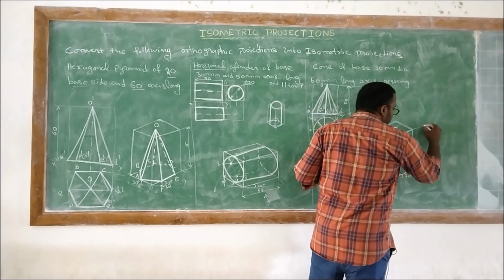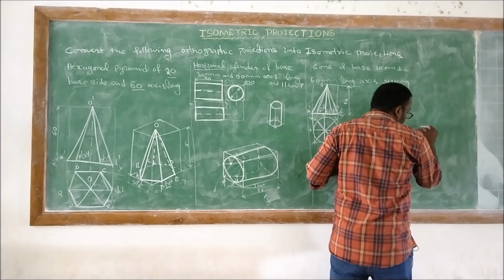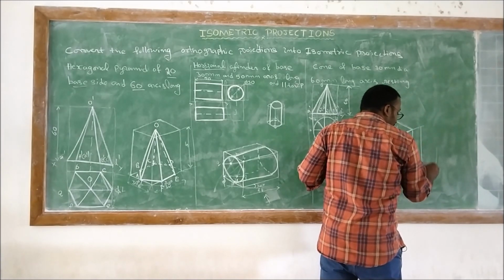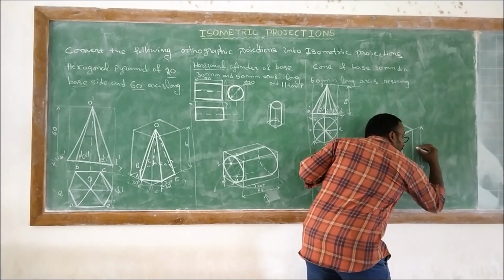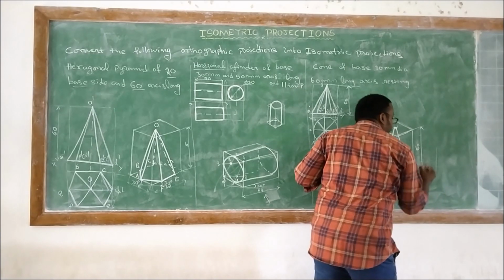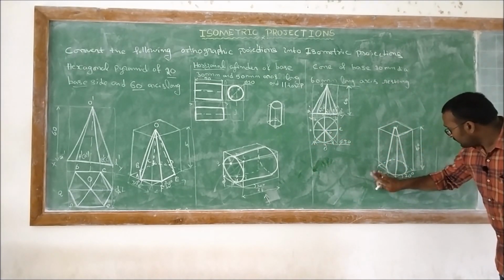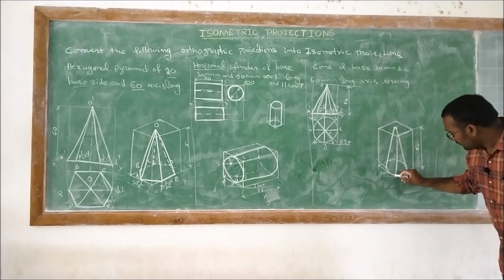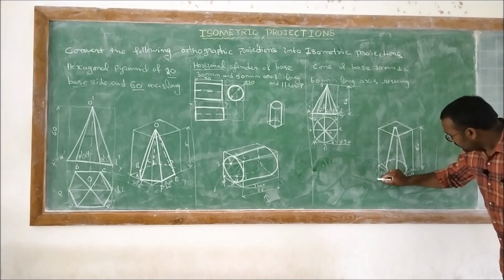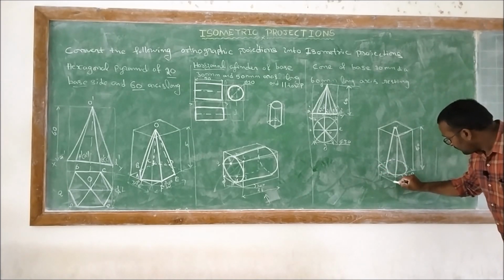So the axis height is about 60 mm. Right? So from here to here it is about 30 mm.